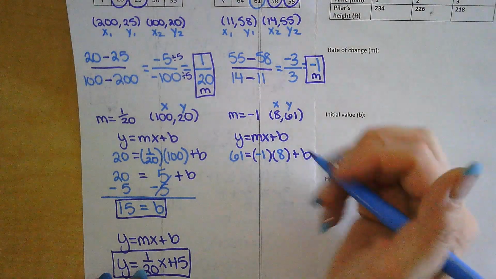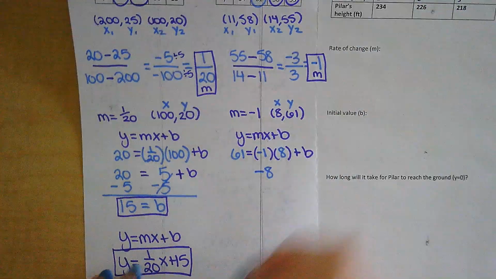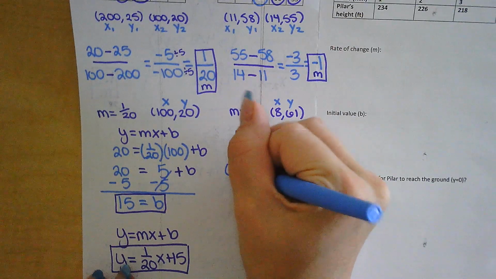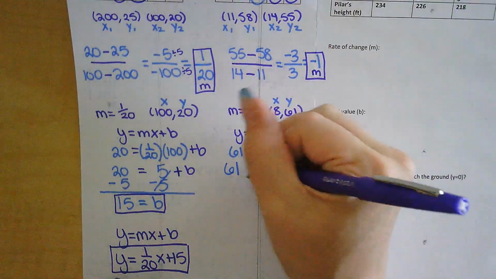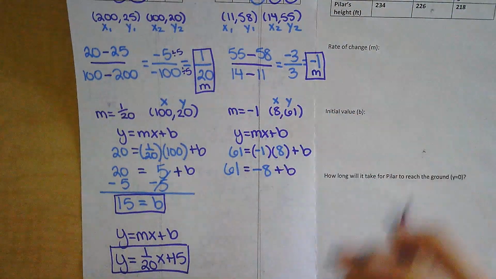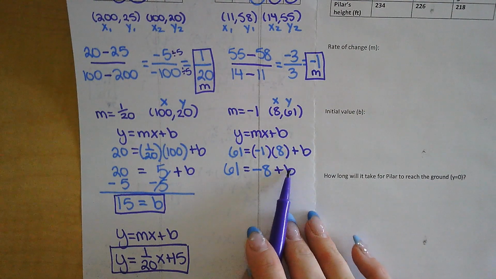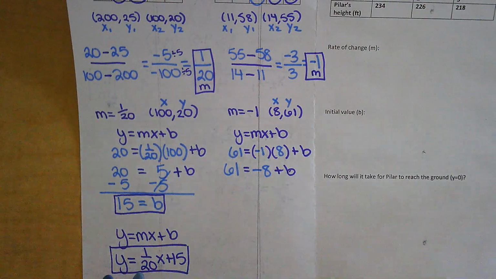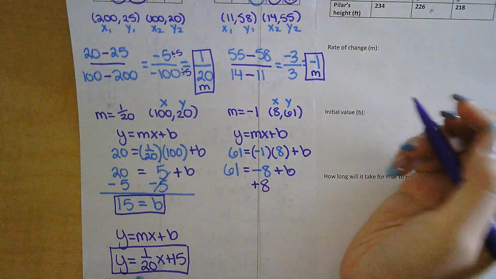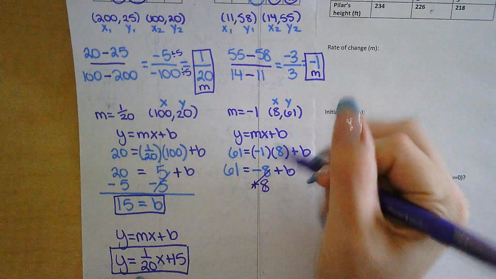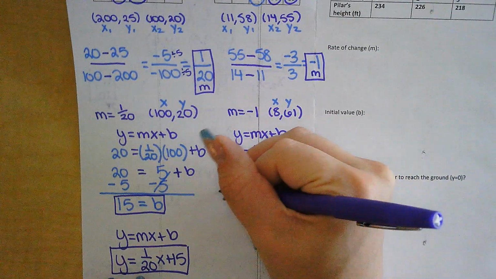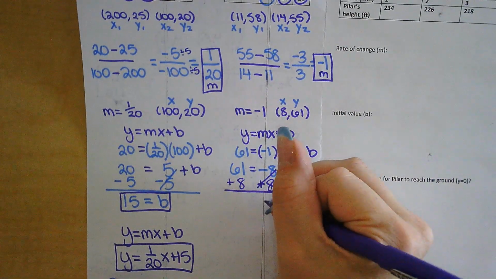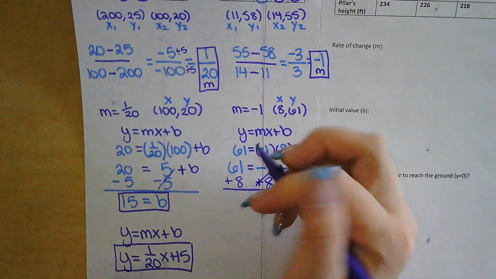Negative 1 times 8 leaves me with negative 8. Drop down 61. And now to figure out what b is, I can use opposite operations again to cancel out minus 8. I'm going to add 8 this time because I want to make 0. I'm going to add 8 to this side, and I can see that b is equal to 69.